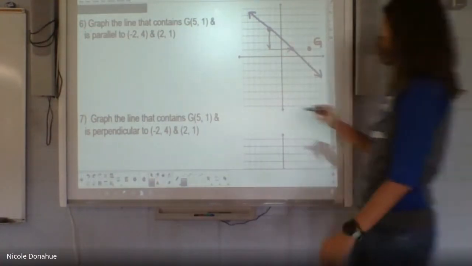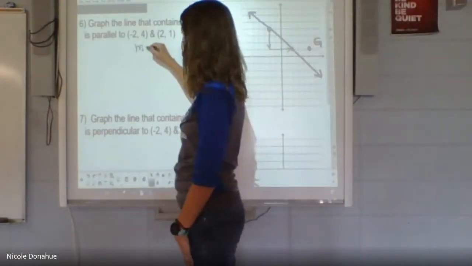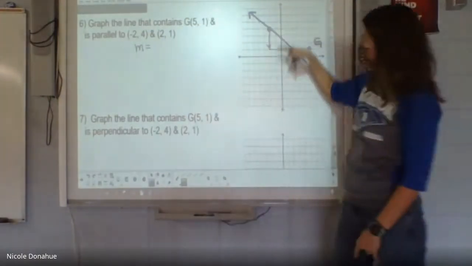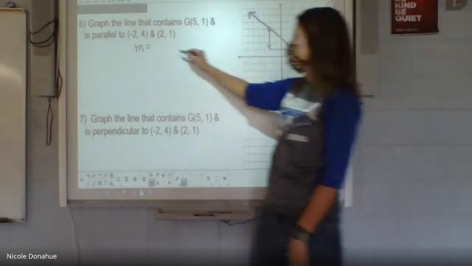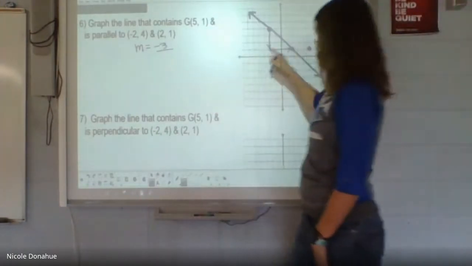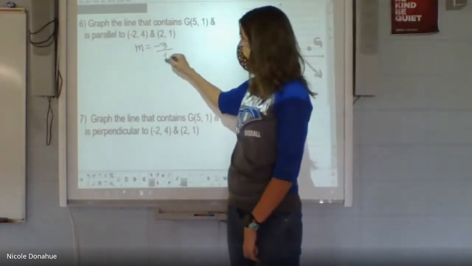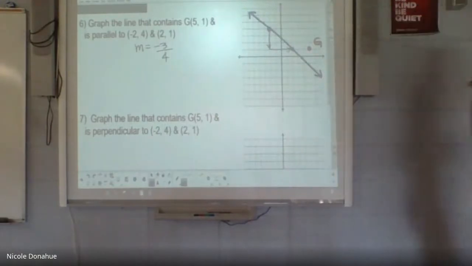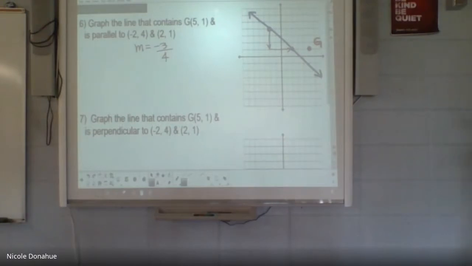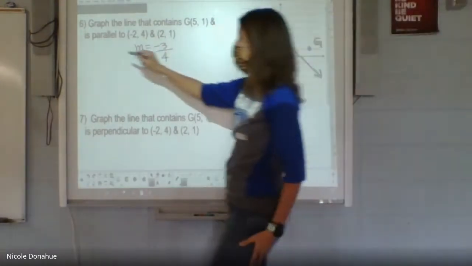So the slope for this line is down 3 and then over 4. What's my parallel line slope going to be? Yeah, go ahead, Pete. Same thing, yep. It's going to be the same slope.